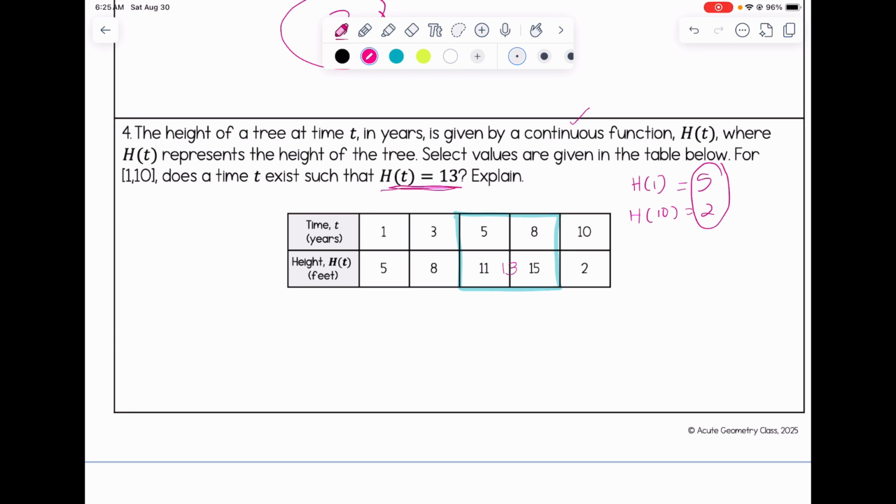So when I go and write my explanation, I'm going to say since h of t is continuous, and then I'm going to use the subinterval here. And h of 5 is 11, h of 8 is 15.